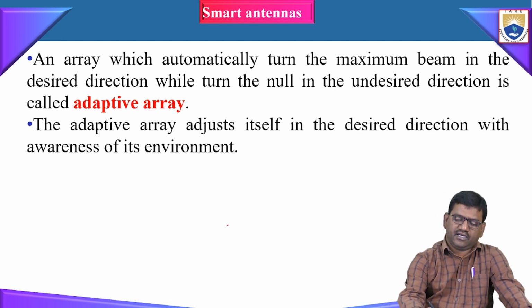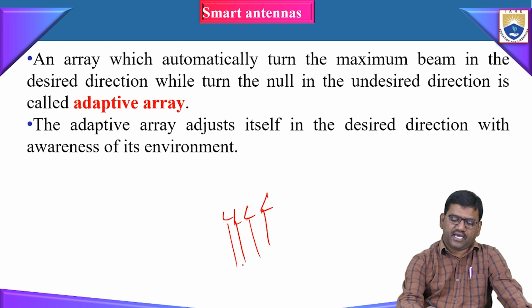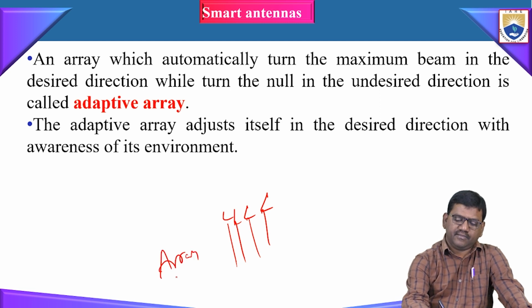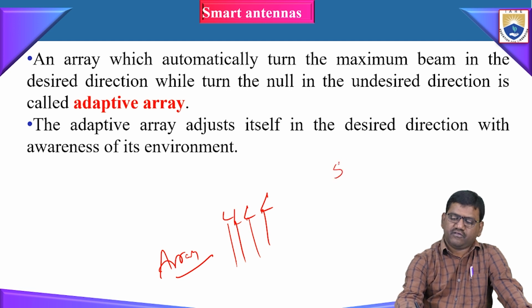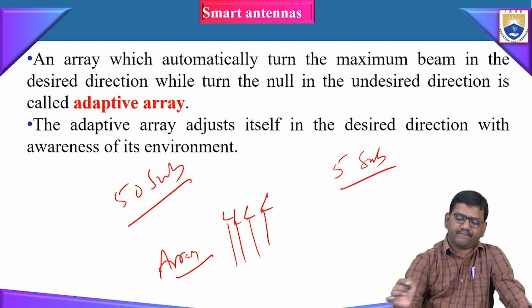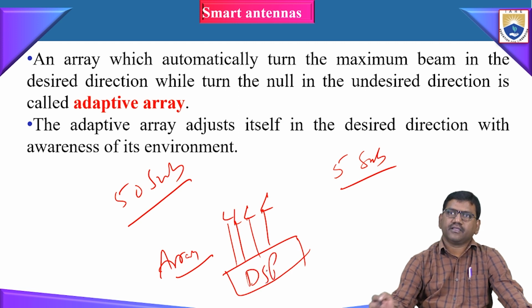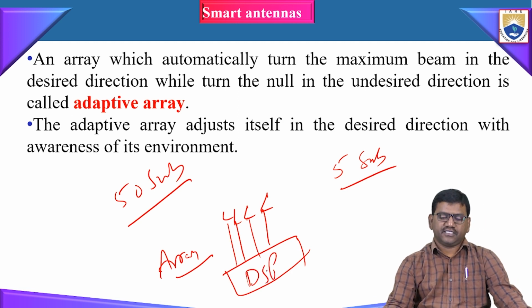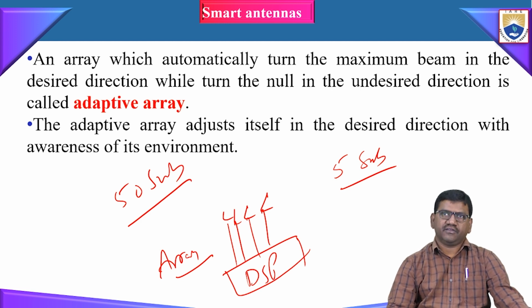Suppose there are 4 antennas. These 4 antennas collectively we call an array. So this is an array, basically a simple array. Here there are 5 subscribers, and here there are 50 subscribers. This DSP processor will detect the direction of arrival estimation according to the signal environment.